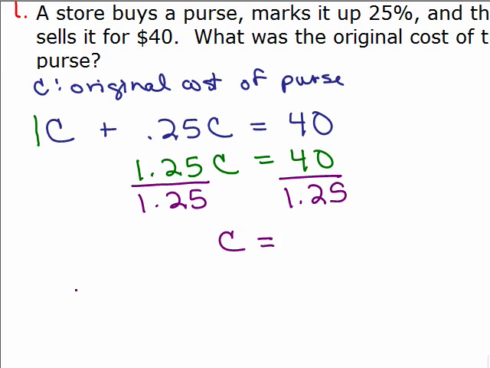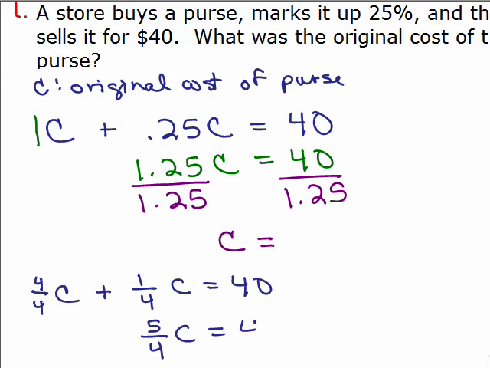I would have started off the same way, C plus, but instead of 0.25, I write it as 1/4, because that's the same thing as 25 hundredths. And that gives me 40. And I'm going to think of this as 4/4C plus 1/4C. So that gives me 5/4C equals 40.